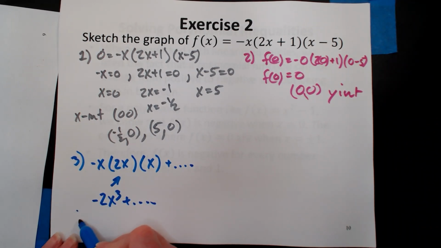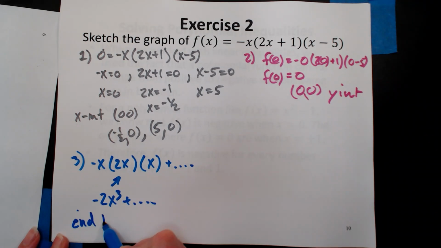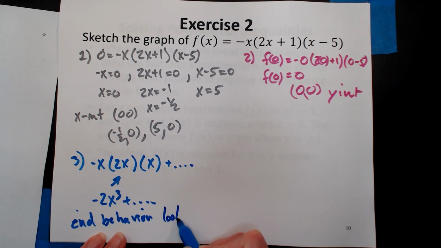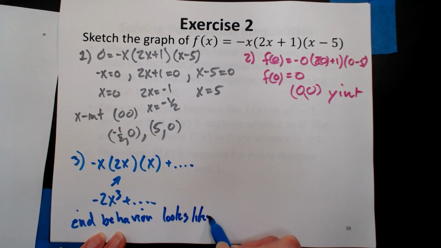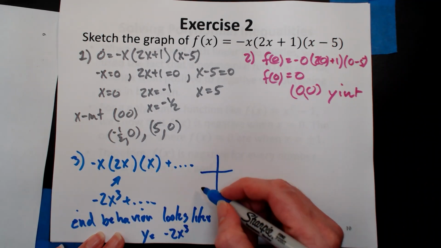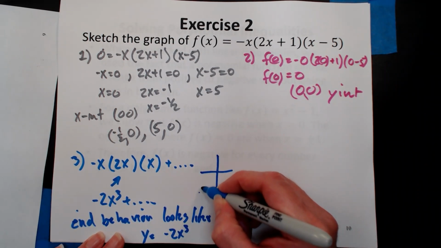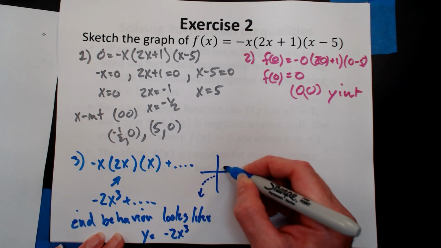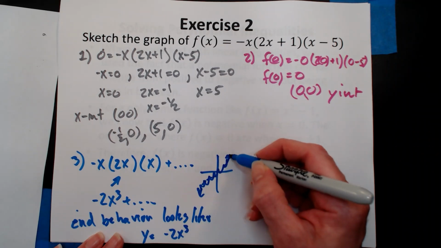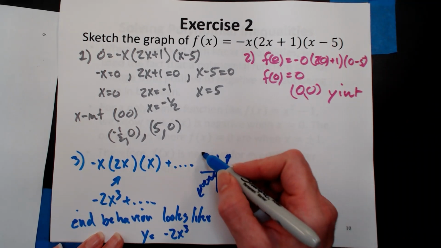So the end behavior looks like y equals negative 2x to the third. That means it's odd and negative, so it's going to look something like this. We have the end behavior, and then it's going to go up. Whoops, that's incorrect. I did that backwards. It's going to look like this.